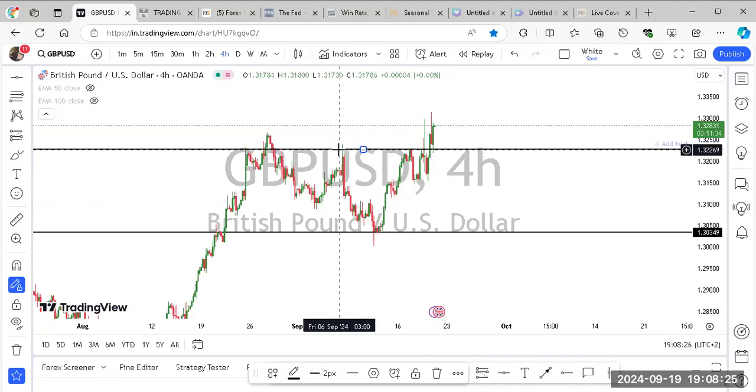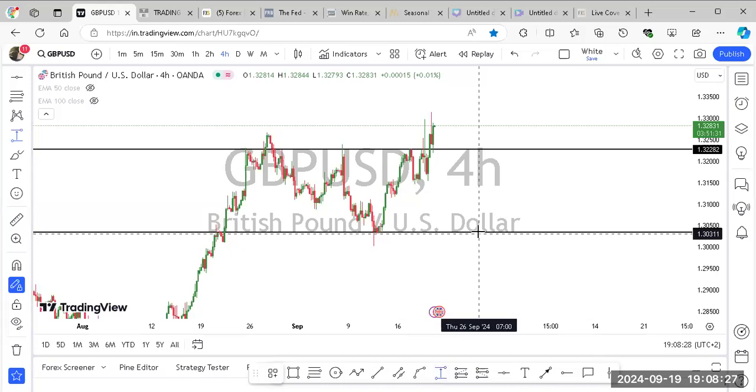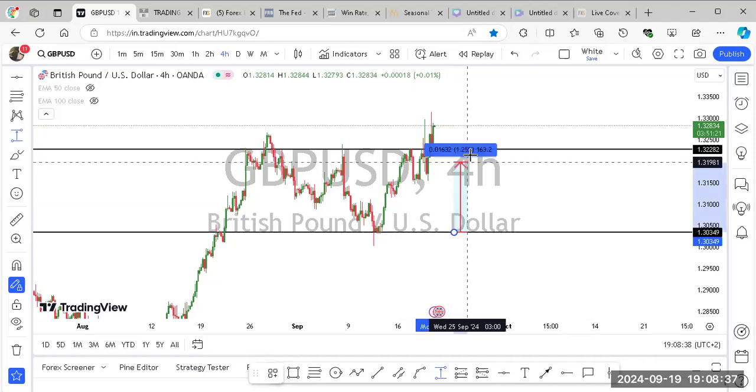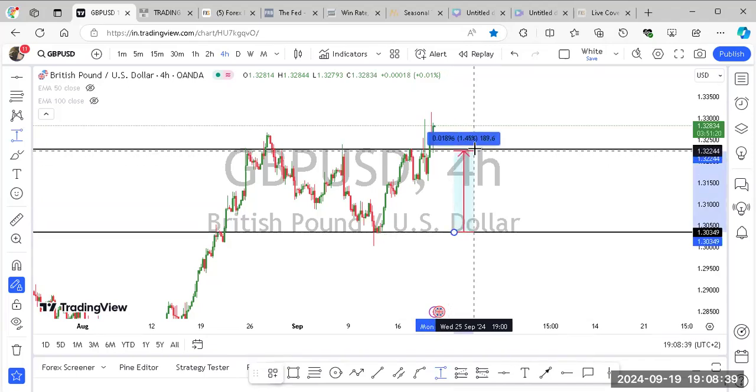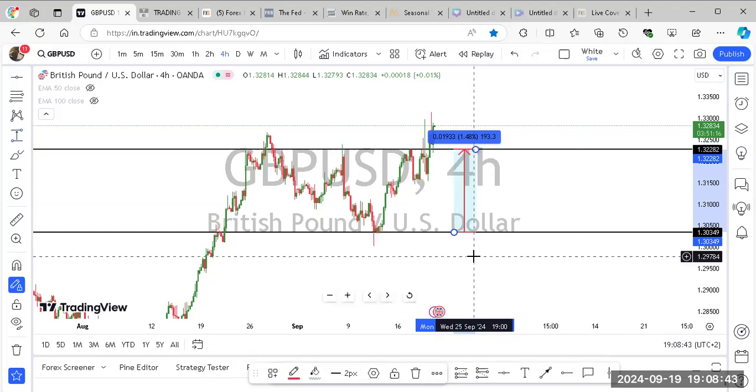So now we're going to measure this range so that we know where we're going, whether we are selling or buying. Come on, this thing is doing its own thing. I'm going to measure it from here to there, about 193 pips.